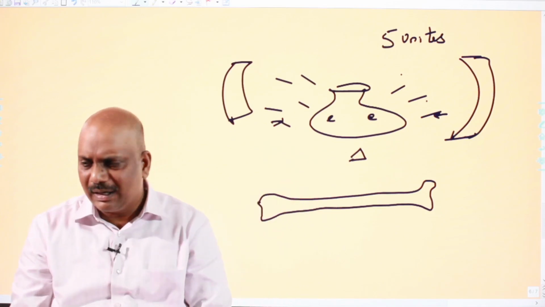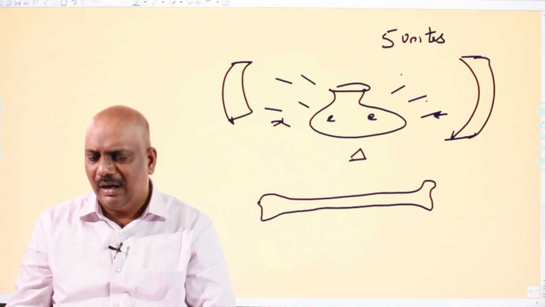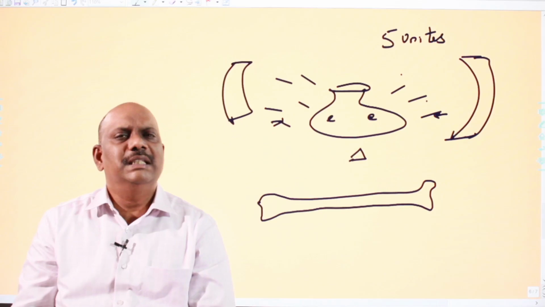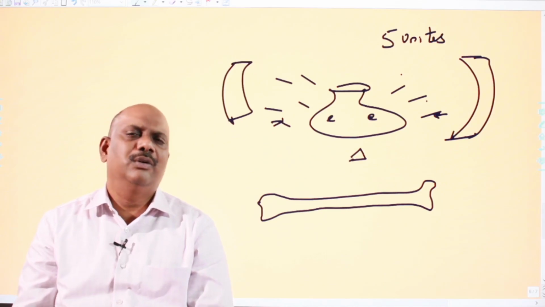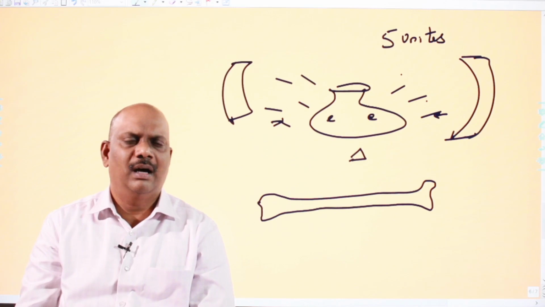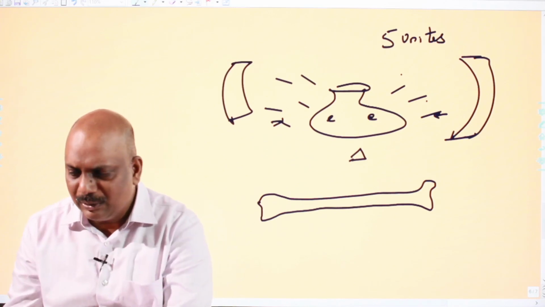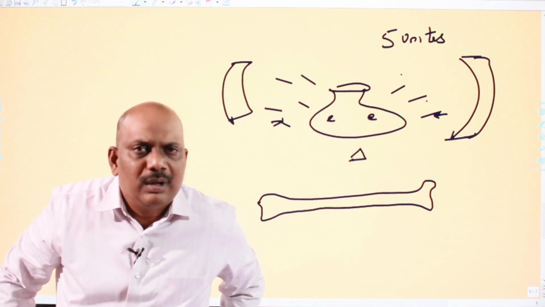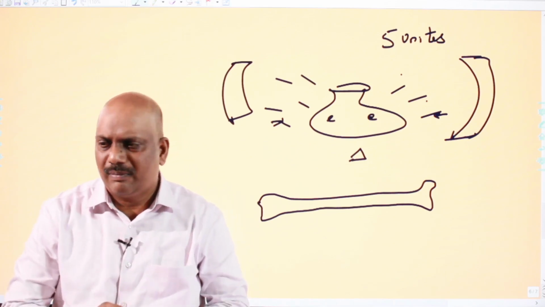So thermoluminescence dating can be used only to date artifacts, the ceramics, the stone bricks, etc., which were made by human beings or by our prehistoric men. We cannot use this method to date fossils.